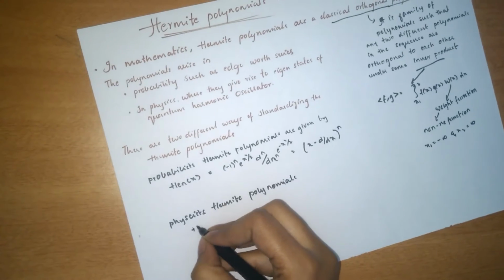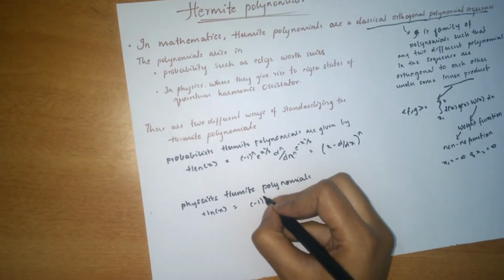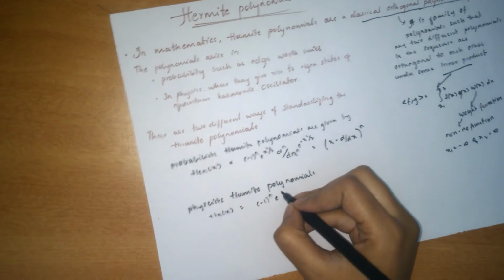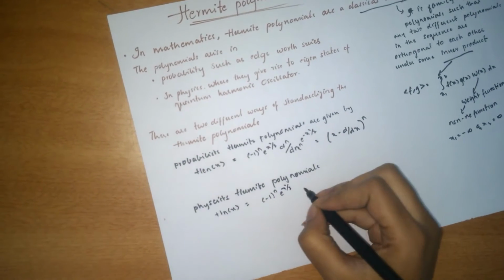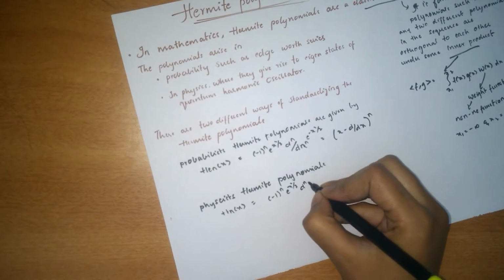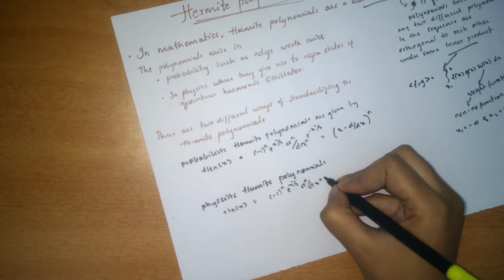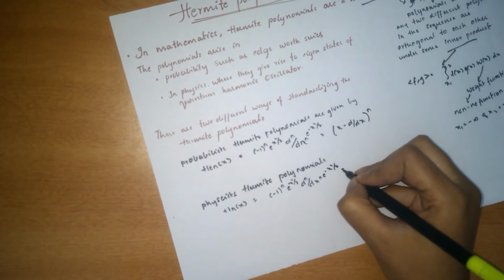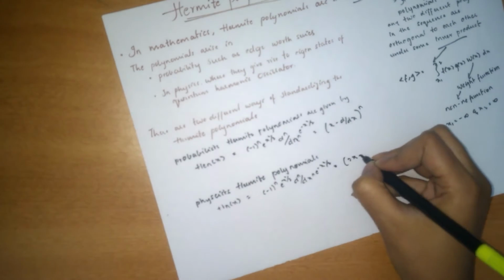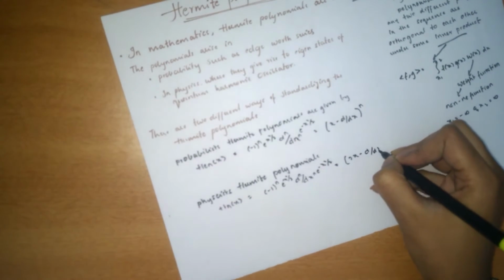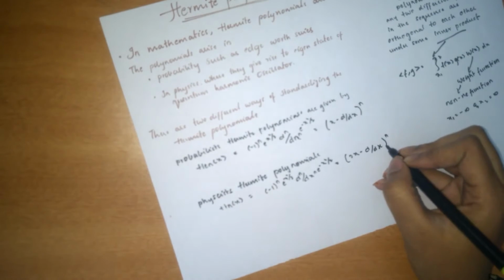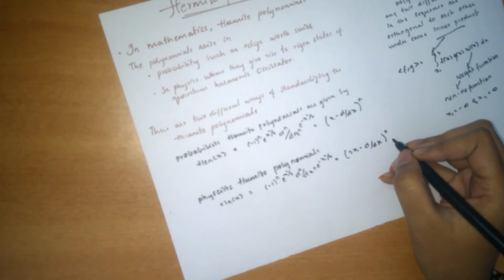Which is H_n(x) equal to (-1)^n e^(x²) times the nth derivative of e^(-x²), which we can also write as (2x - d/dx)^n. These two functions are not identical.